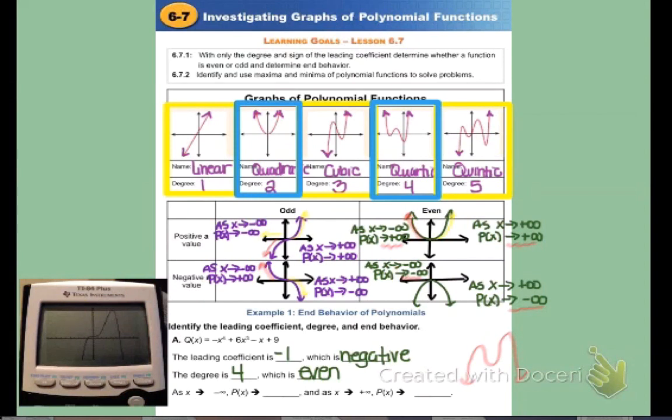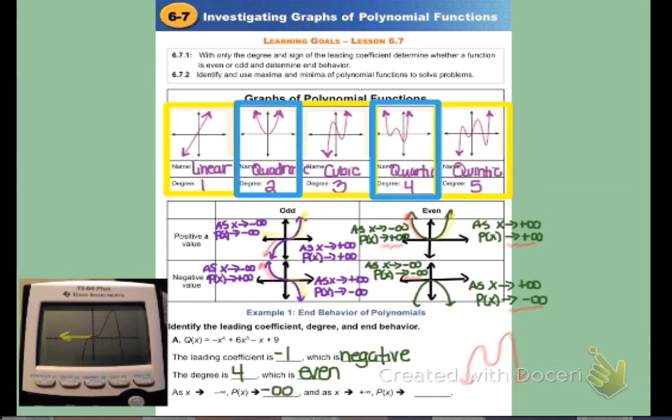And so to describe the end behavior, first of all, we're going to look as x approaches negative infinity, which means we're starting at the y-axis and going this way. And what we can see is that as we're approaching negative infinity, the function is decreasing, so it's approaching negative infinity as well.